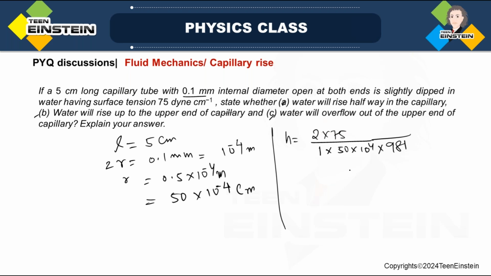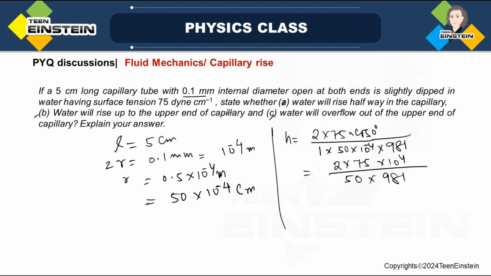What we are getting here: cos of 0 degree is 1. So look, then we get 2 into, sorry, 75. This is minus, so this will be 10 to the power 4 here in the numerator. This is 50 into 981.